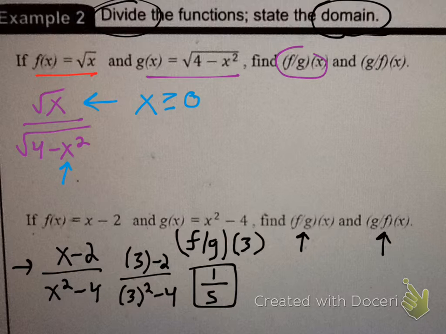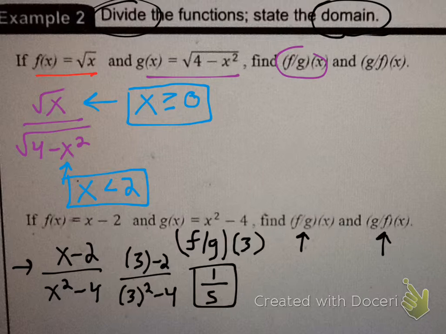And so basically x has to be smaller than 2, because 2 squared is 4 and 4 minus 4 is 0. So x has to be greater than or equal to 0, x has to be smaller than 2, and that will keep us from having any negatives inside of our radical symbols. Because if x were 3, 3 squared is 9, 4 minus 9 is -5. That's a no-no.